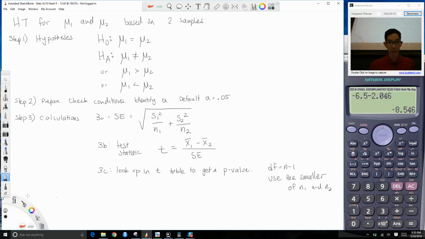Okay, and then last thing, step 4, make your conclusion. Same as before, right? If the p-value is greater than alpha, that means do not reject the null hypothesis. And if the p-value is less than alpha, reject the null hypothesis.